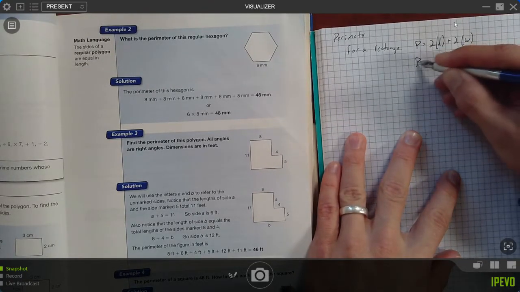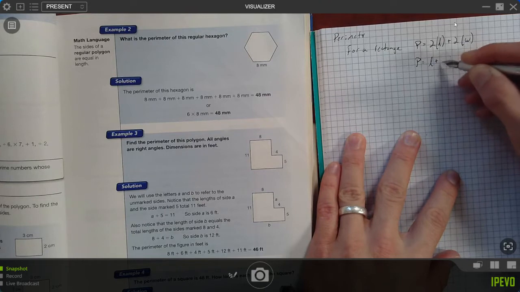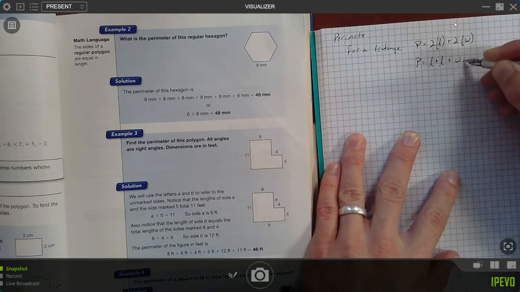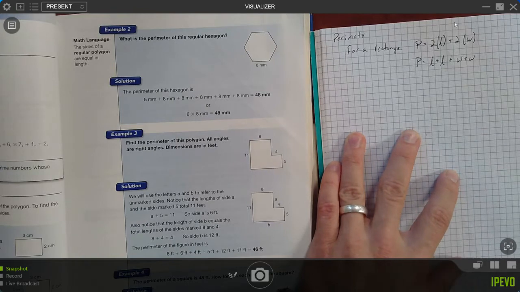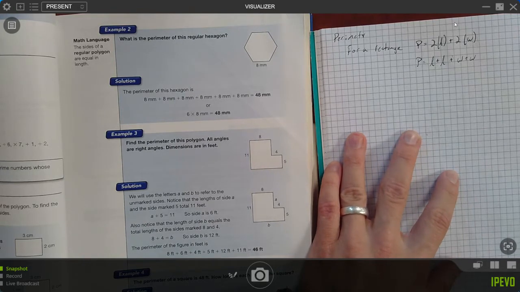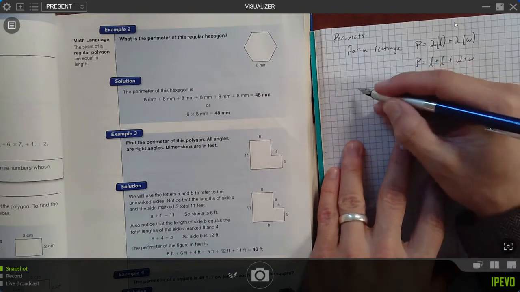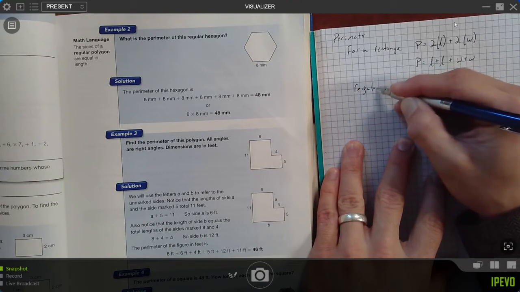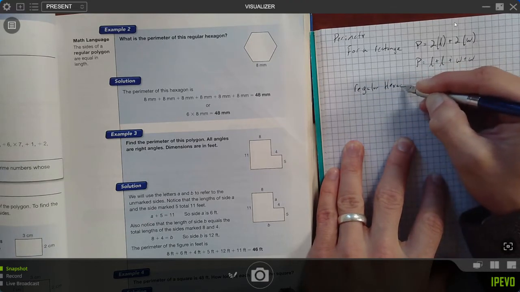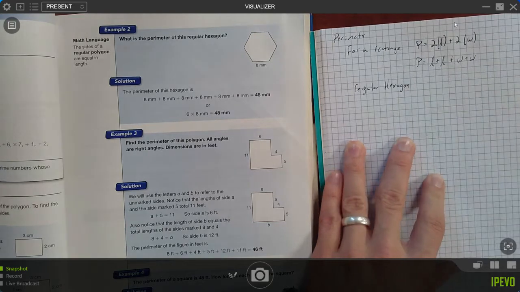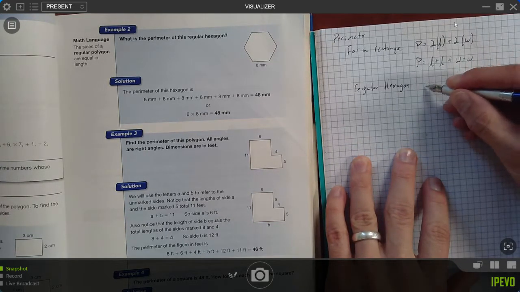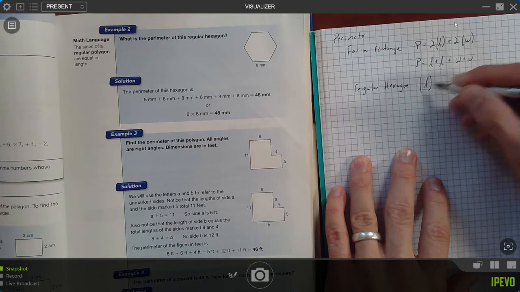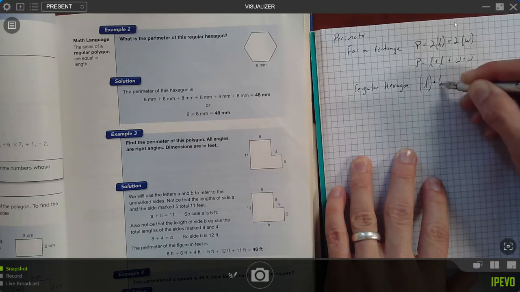So perimeter equals the length plus the length plus the width plus the width, right? But if you have two of the widths, it's just 2 times W. Okay. For the regular hexagon, that's 6 sides, right? So it would be the length times 6.